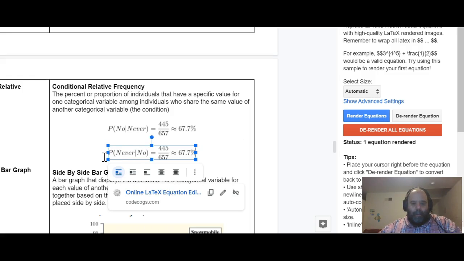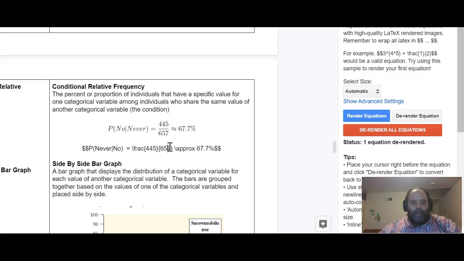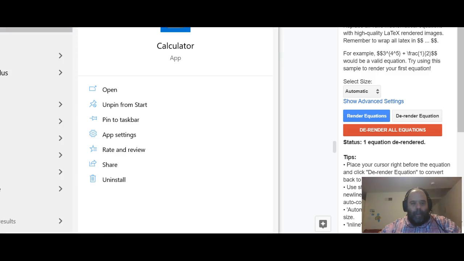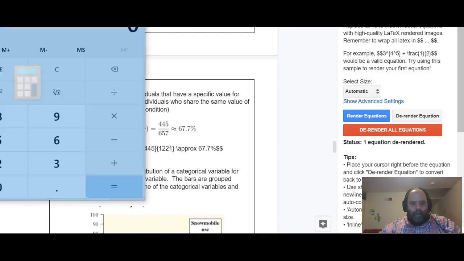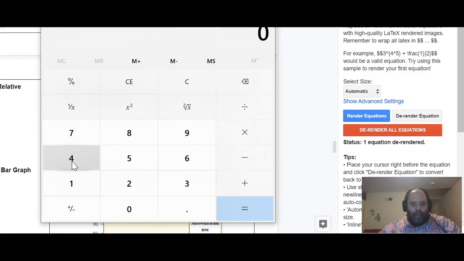And this one, the never given no, see, we all make mistakes, should be 445 out of 1221, and let's get a calculator up here. That should be 445 out of 1221. 445 divided by 1221.